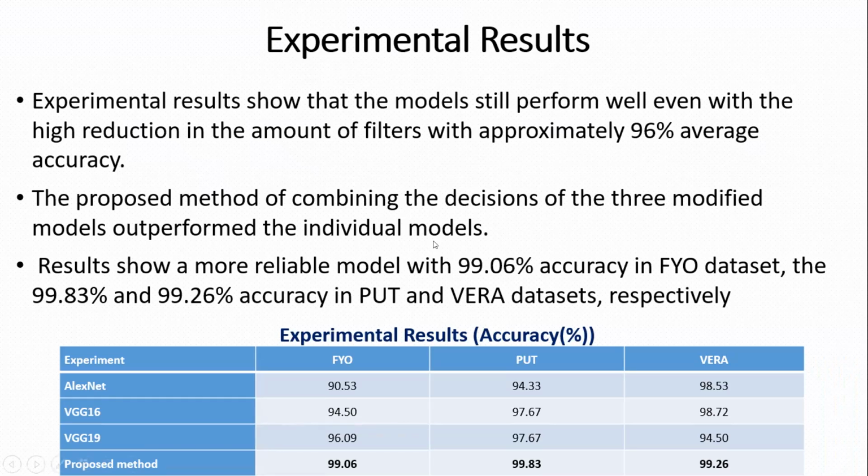Then the final proposed method gave us very good results: 99.06% accuracy with the FYO dataset, and 99.83% and 99.26% accuracy in PUT and Vera datasets respectively. And we can see more detail in the table below.